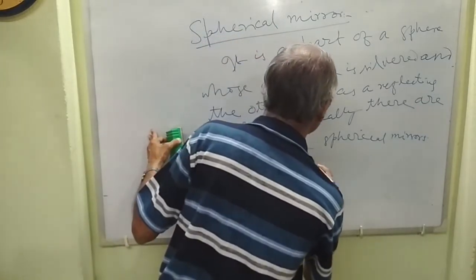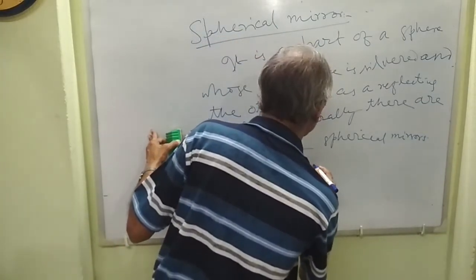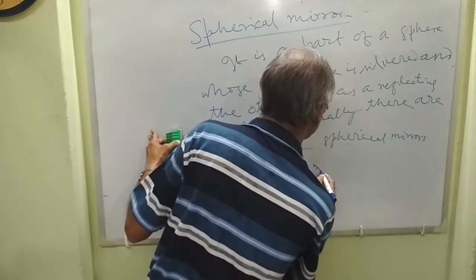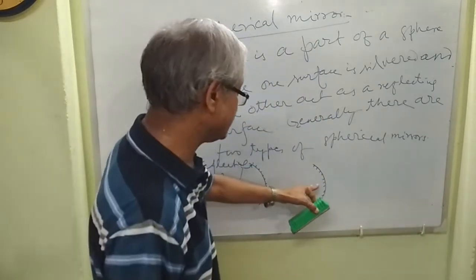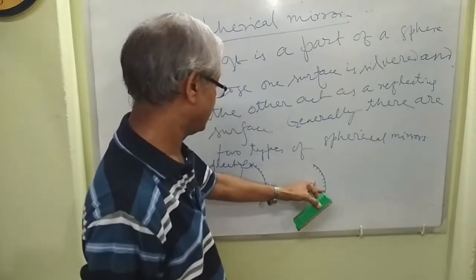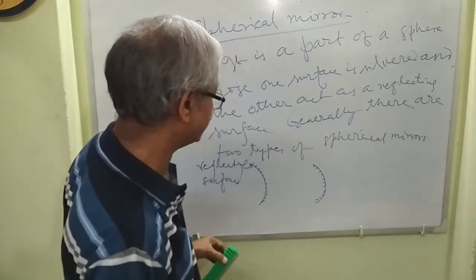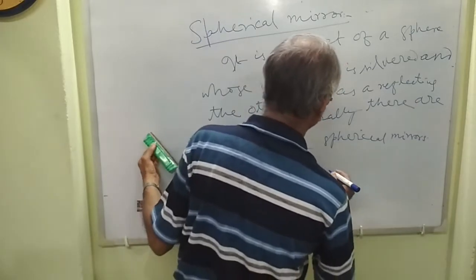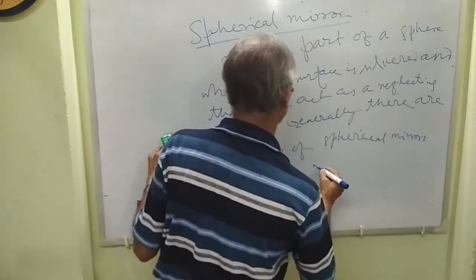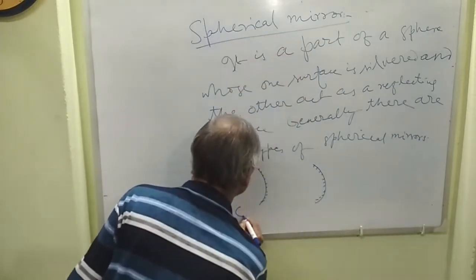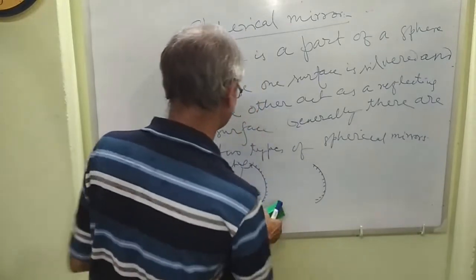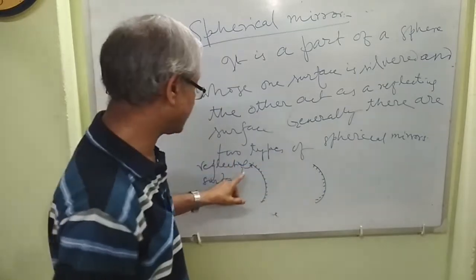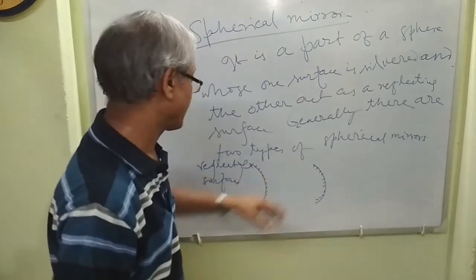And in the situation in which the inner part is silvered, this is called a convex mirror. This is a concave mirror and this is a convex mirror.